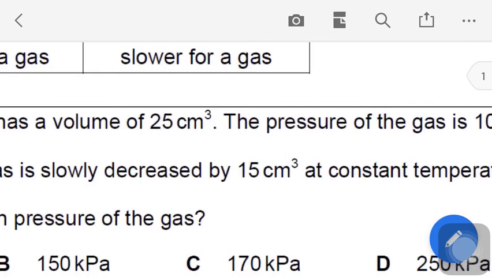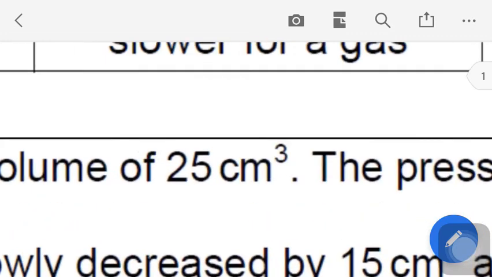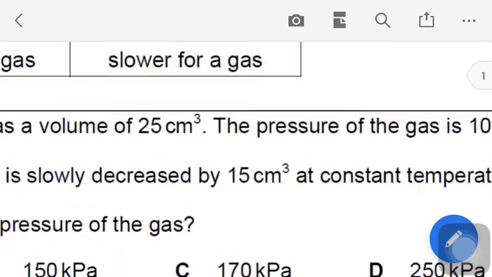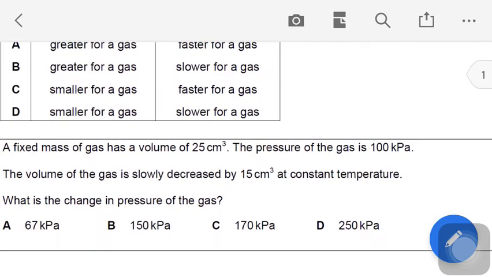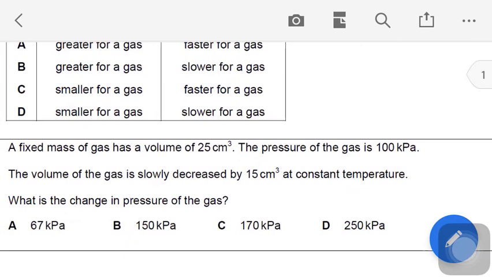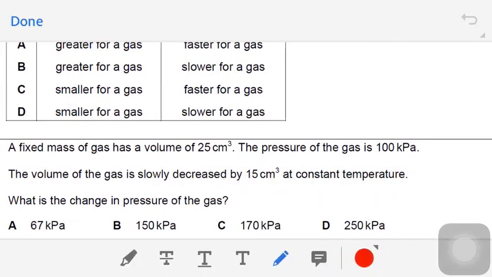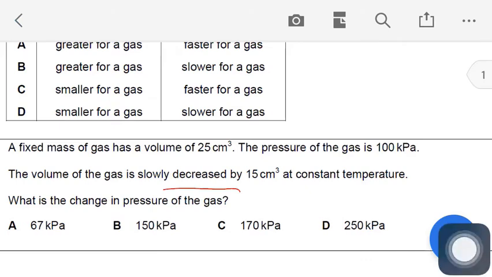That means the final is 25 minus 15, so 10 centimeter cube. You might take the 15 centimeter cube as the final volume. Look here, it says decreased by, it is not saying decreased to. Okay, so be careful about that. Then the rest of the question is easy.